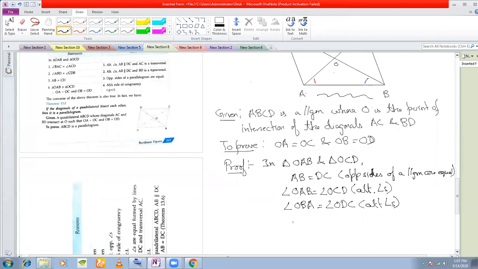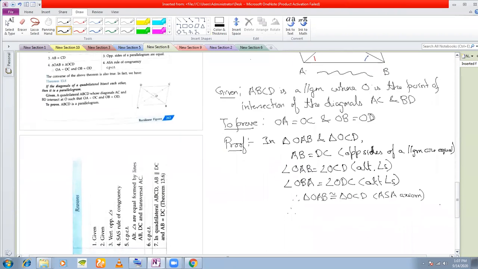Therefore, triangle OAB is congruent to triangle OCD by ASA axiom. Therefore, OA must be equal to OC, CPCT, and OB must be equal to OD, CPCT.